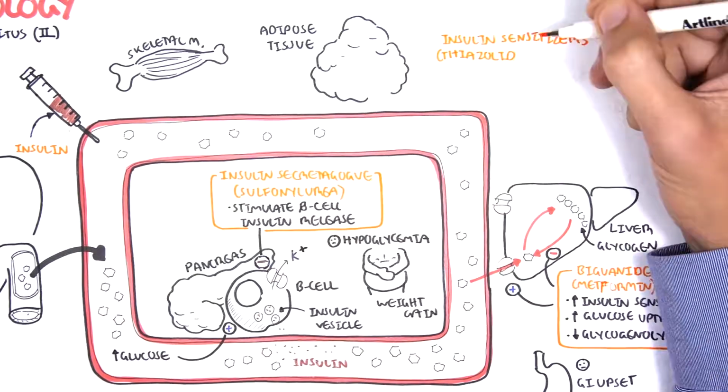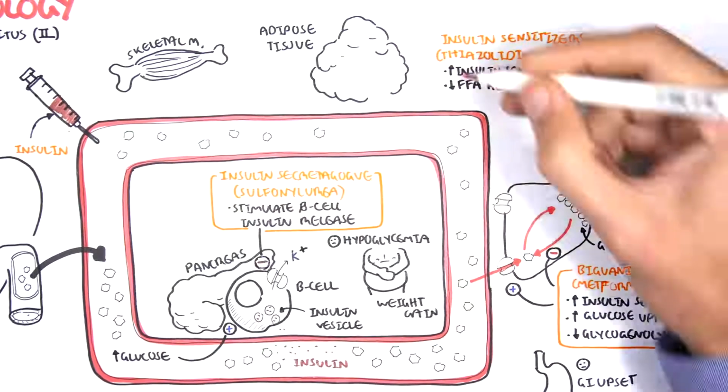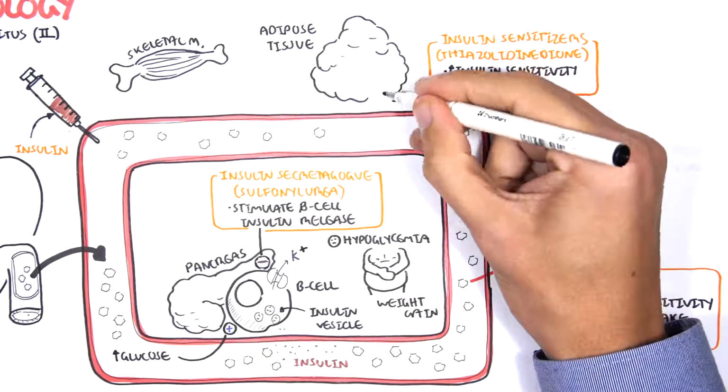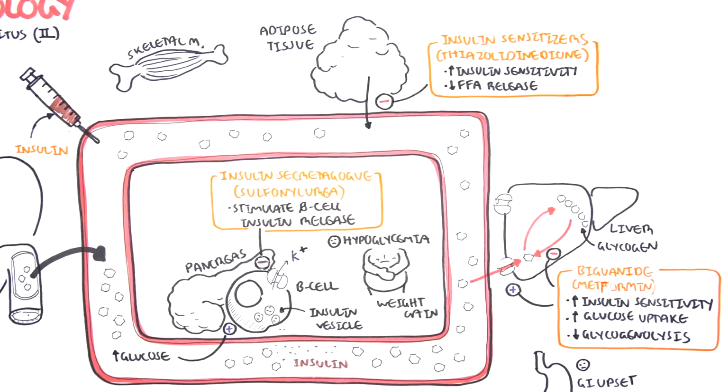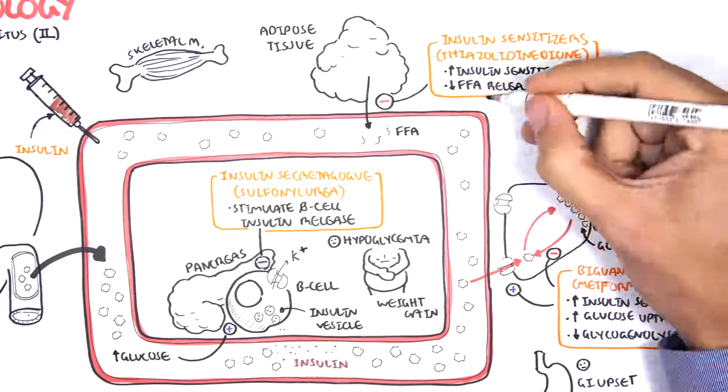The next medication are insulin sensitizers, and examples of these include, and I'm going to pronounce this wrong, thiazolidinedione, and they work by increasing insulin sensitivity as well as decreasing free fatty acid release. They inhibit the release of free fatty acids from adipose tissue.